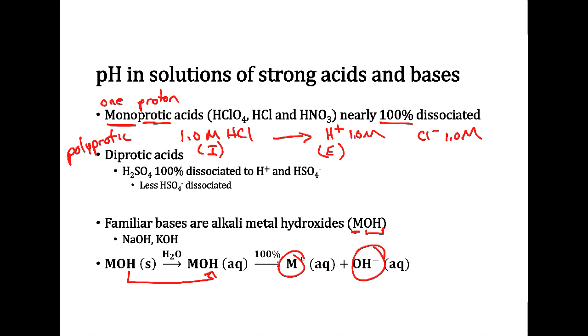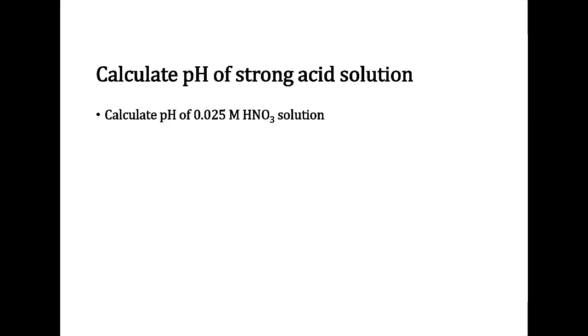Our first example will be calculating the pH of a strong acidic solution. Here you have nitric acid, HNO3, and nitric acid is a strong acid, so we're assuming complete dissociation. If it dissociates completely, it's going to break up into H+, which will go on to form hydronium, and nitrate.